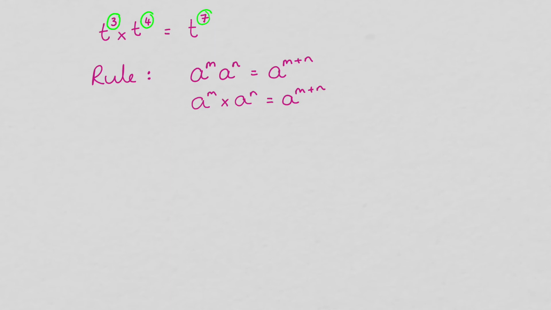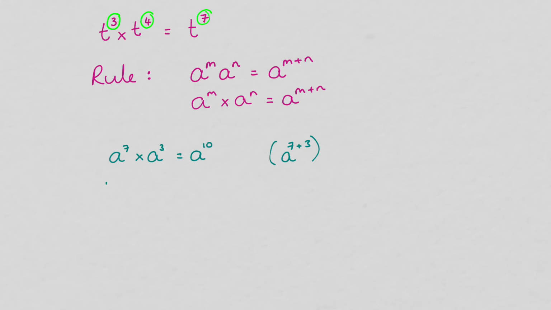Okay, let's do a little bit of practice of that. So if we've got a to the 7 times a to the power 3, then we're going to add those powers together. So that'll be a to the power 7 plus 3, which is 10. So we go straight to 10. We don't need to write down a to the 7 plus 3. Okay?